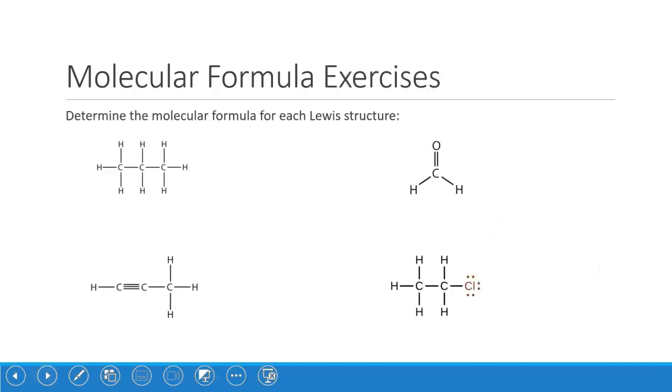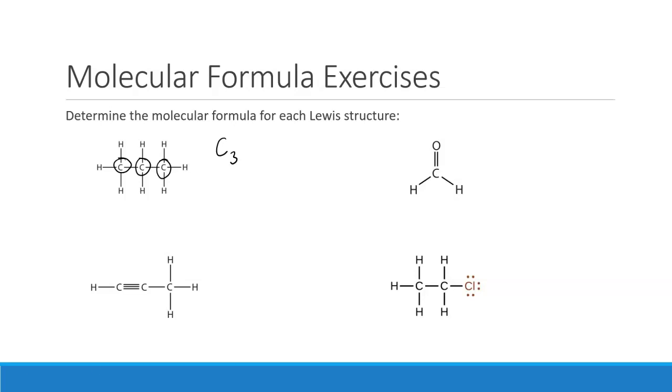So let's look at some quick examples. Hopefully this part's pretty easy. We're just going to count up the number that we have of each type of atom and list them in the order of carbon, hydrogen, and then everything else. So in our first structure, we have a total of 3 carbon atoms. So that will be a C with a subscript of 3.